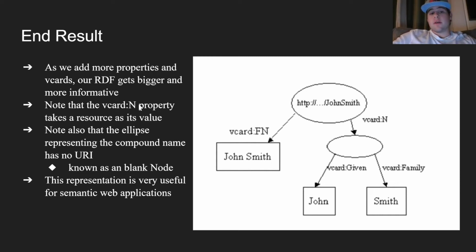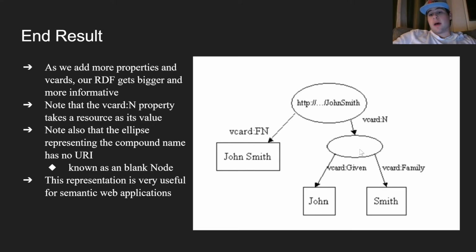So as you can see, we initiated a new resource as the value that the property takes, but it doesn't have anything in it right now. It's supposed to represent the compound name, but it has no URI. So we don't directly access the compound name. We access it through the first URI we created.